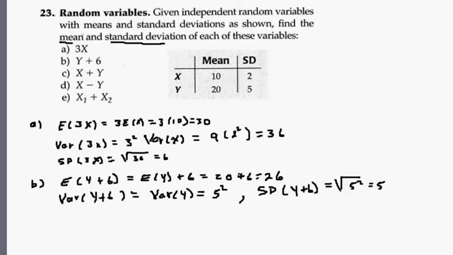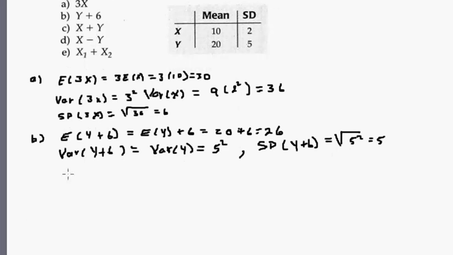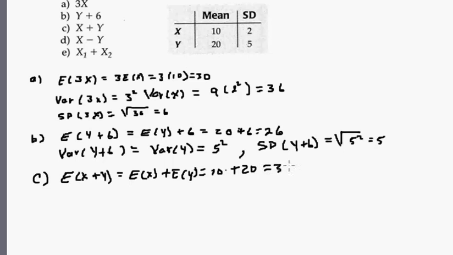Okay, now let's see. C. Now we're adding. The expected value of x plus y is equal to the expected value of x plus the expected value of y. So that's 10 plus 20, so that's 30.